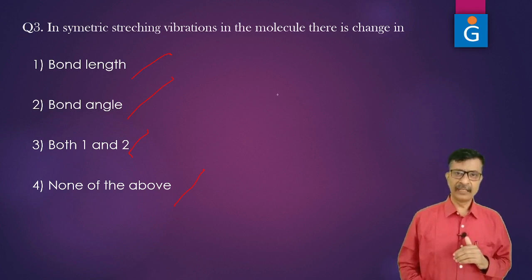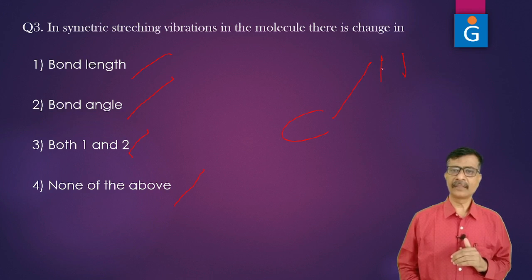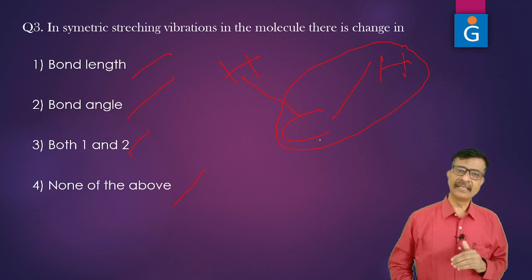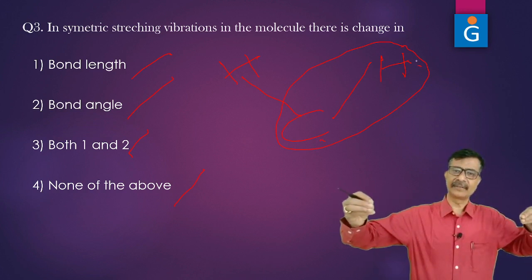Now if the structure is like this, say carbon, H, like this. If there is a C-H stretching, in this case, this carbon and hydrogen get stretched.